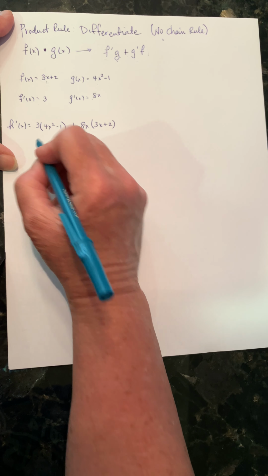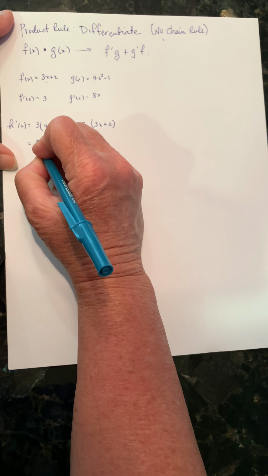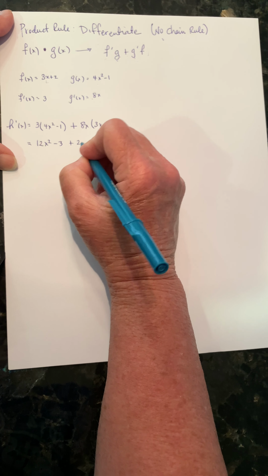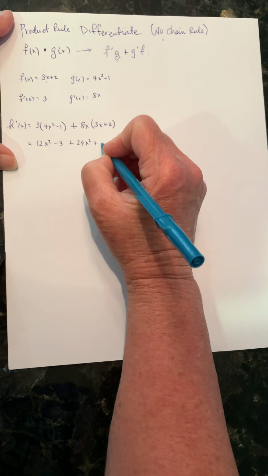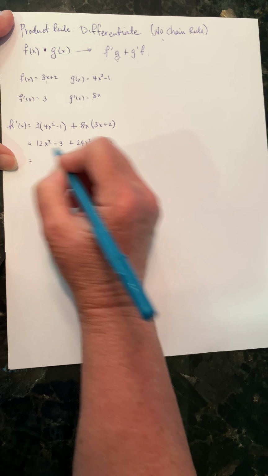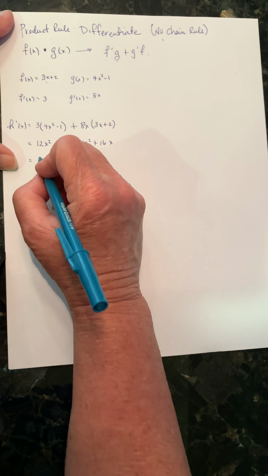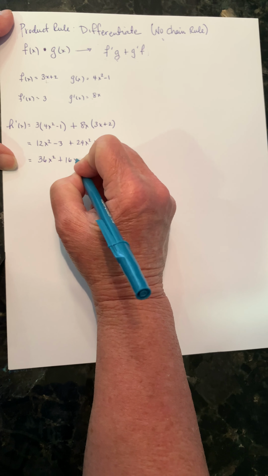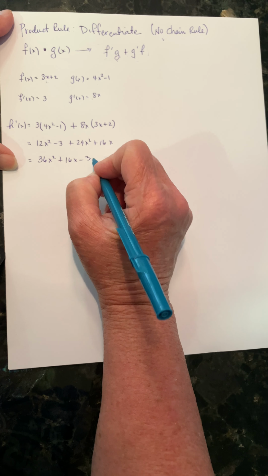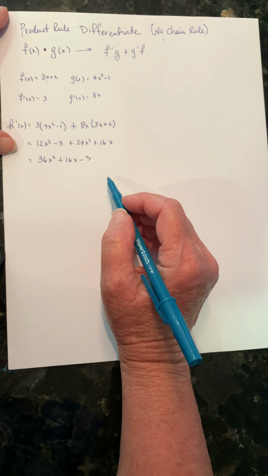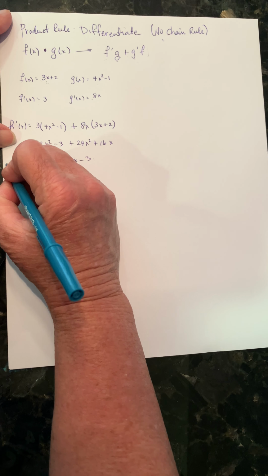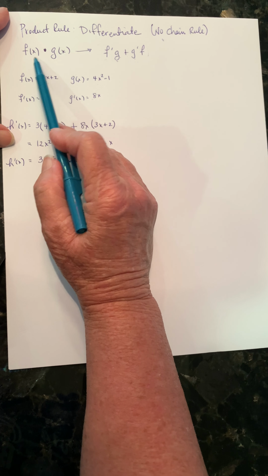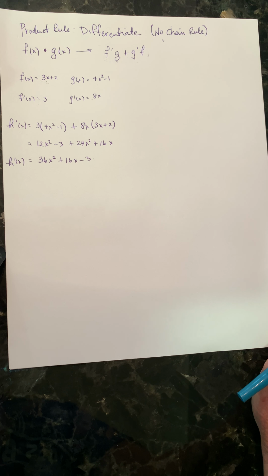Now we're going to multiply this out, and we're going to simplify if we can. 12x squared minus 3 plus 24x squared plus 16x. This gets me 36x squared plus 16x minus 3. And we'll leave it at that. So this is my h prime of x, which was f of x times g of x.